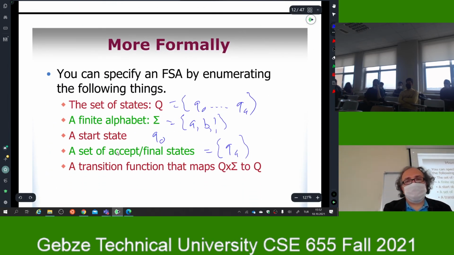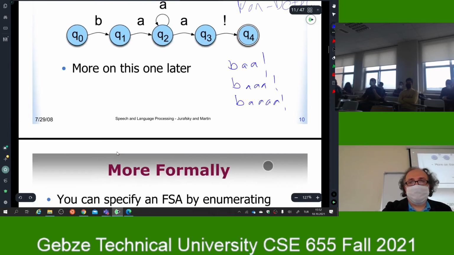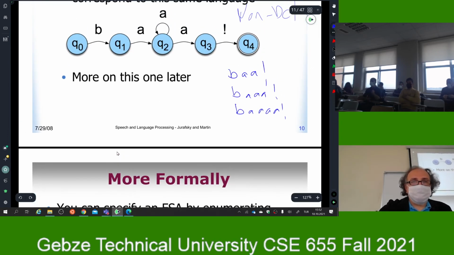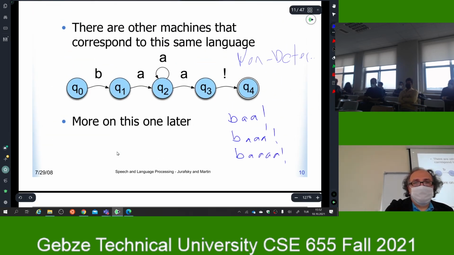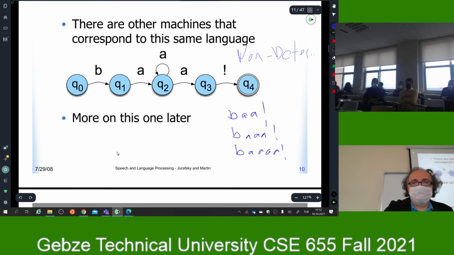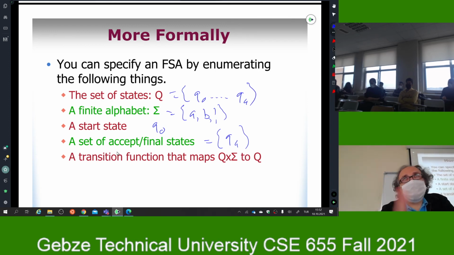More formally, this is how you define a finite state automata. Five things. Set of states: I have 1, 2, 3, 4, 5 states. Finite alphabet: what is my alphabet? The alphabet is A, B, and exclamation mark in this case. Start state is Q0; there is only a single start state. There might be one or more accept and final states.